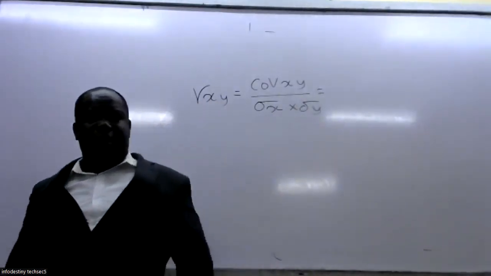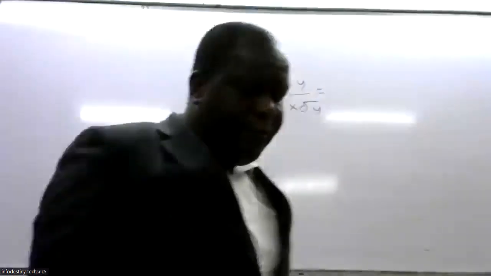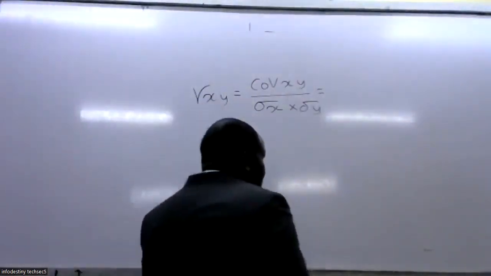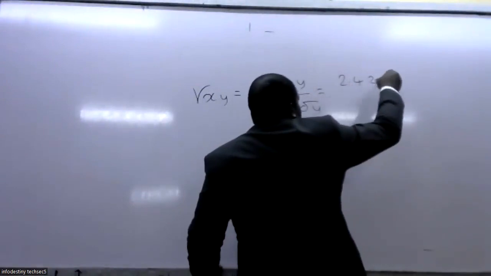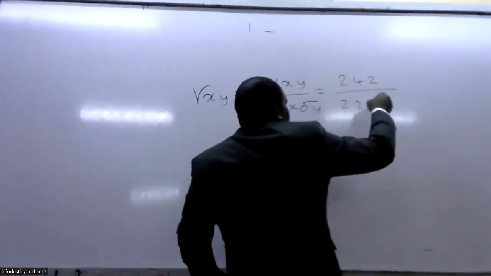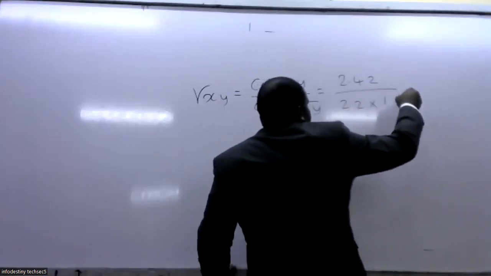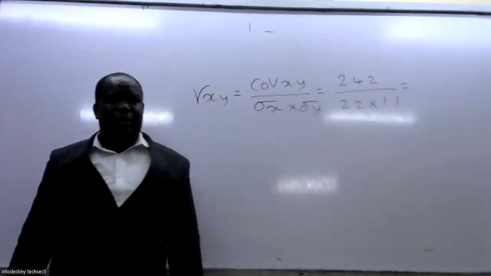The covariance we had already calculated. It was 2.42. The standard deviation for x was 2.2, and the one for y is 1.1.